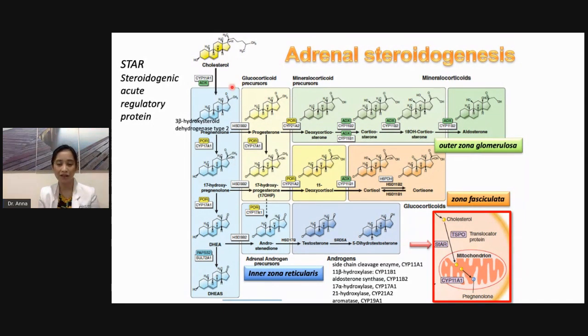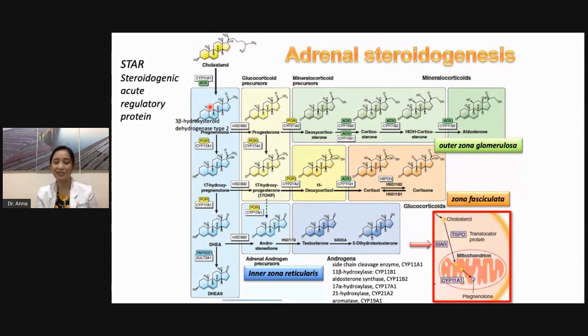So let's go first to the inner zona reticularis. And the major hormones that are secreted here are your DHEAs, or your androgens, particularly your DHEA and your androstenedione. So your cholesterol enters the cell, again the inner mitochondrial layer, and your cholesterol is converted to your pregnenolone, and this is stimulated by your CYP11A1 enzyme, or more popularly known as your cholesterol desmolase.